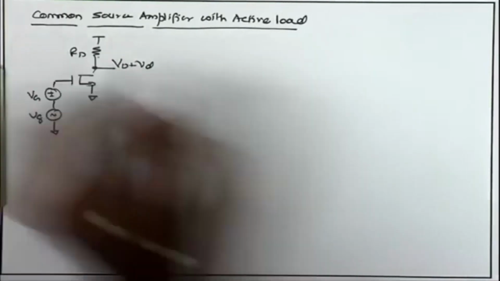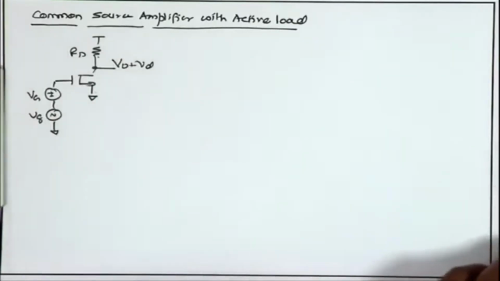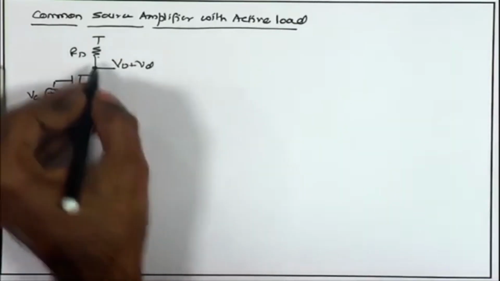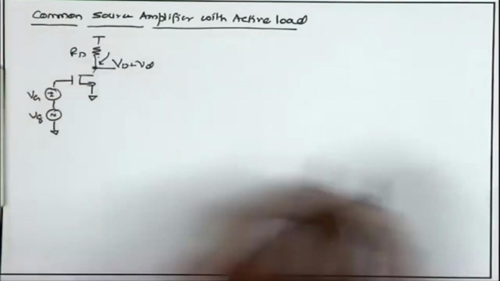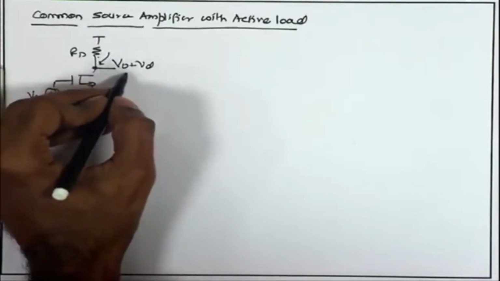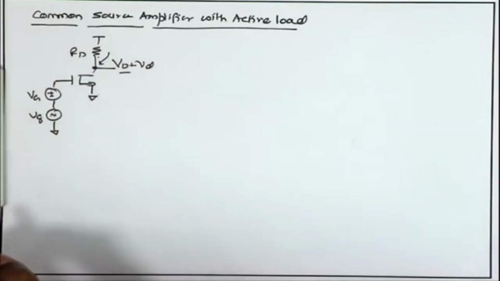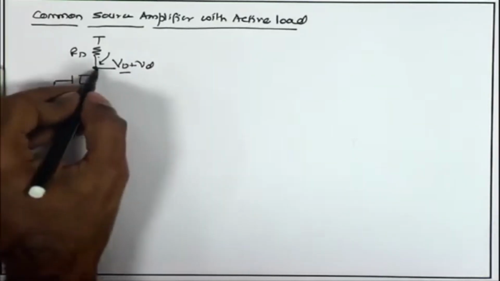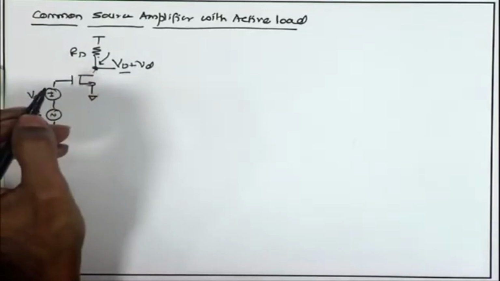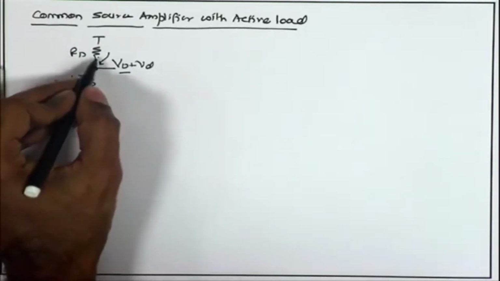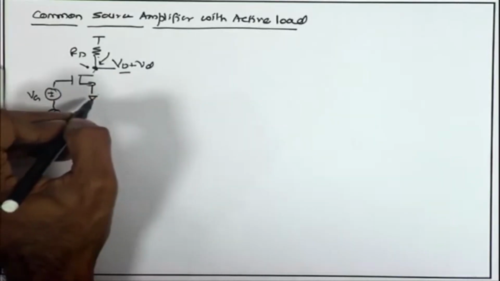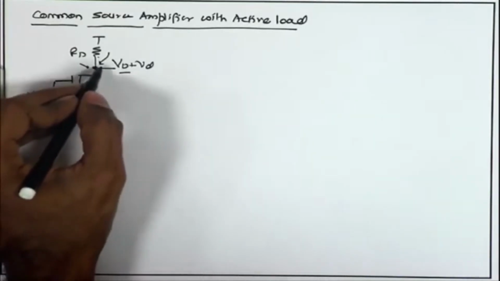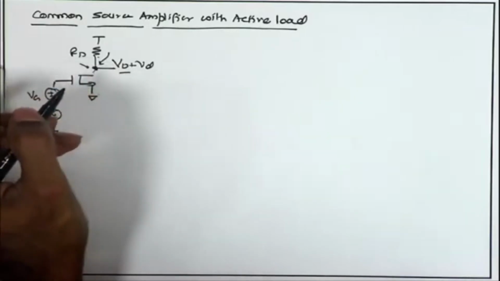One possibility was increasing RD, and when you try to increase RD, it directly couples with the VD. If you increase RD, the DC voltage VD is going to come down, and as a result you are not going to get the maximum possible swing that we want. So, signal swing is directly related to RD. A larger RD means a lower DC point for a given current, and as a result the gain can trade off directly with the signal swing.